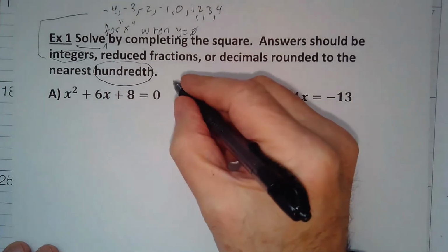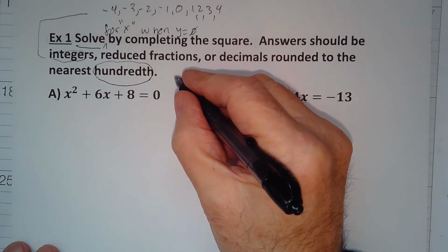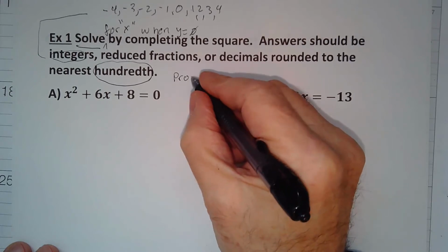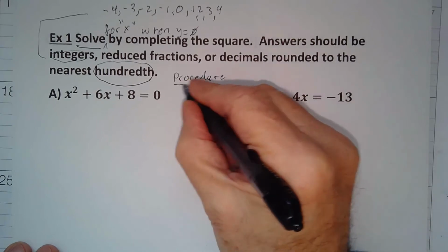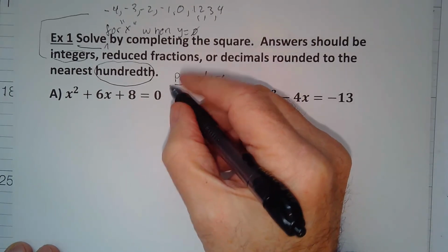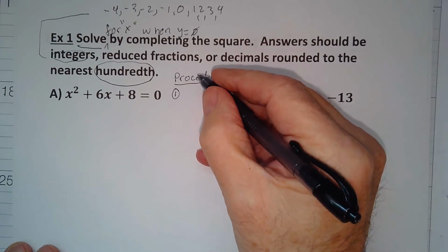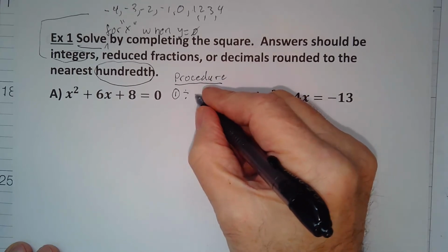This starts with what we did last time around. So let's go through the procedure, a little outline for you. First of all, and this is something we haven't done before, we're going to divide everything by a.